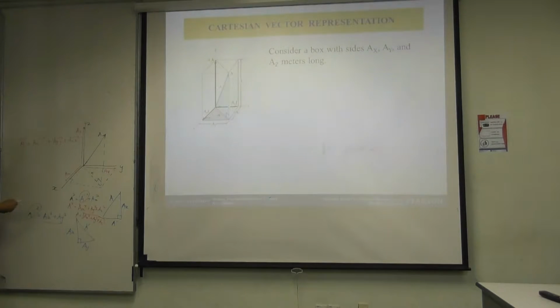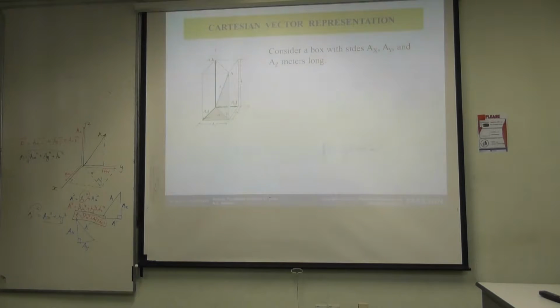This is basically how you derive this equation. If you already know the vector where you have Ax, Ay, Az, to get the magnitude, you can just take the square root of everything here.